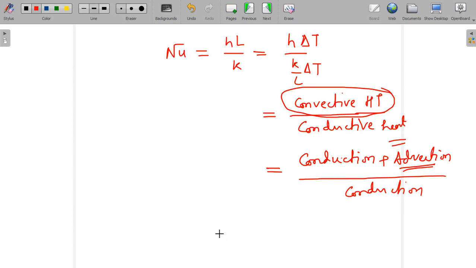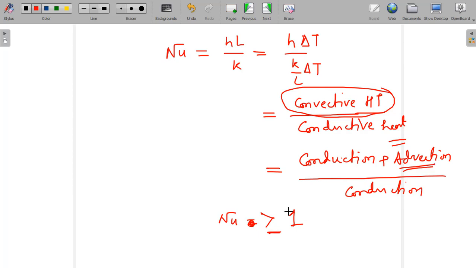If there is no fluid motion, in that case the Nusselt number will be 1. So the Nusselt number, in the case of a fluid, is a quantity greater than or equal to 1. And when will the equal to occur? When there is no fluid motion.